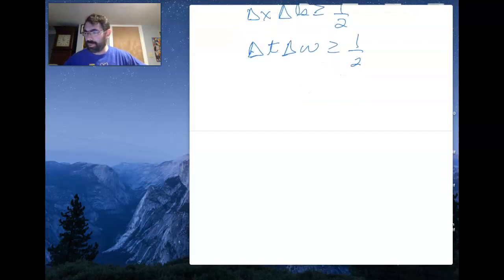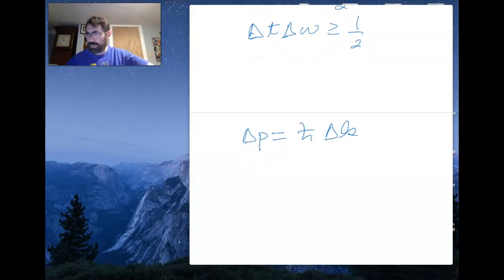Well, if you remember from de Broglie, the momentum is h bar times the wave number k. So different values of waves are going to give me different values of momentum. When I put that into the equation for delta k, I have delta x times delta p divided by h bar is greater than or equal to 1/2.